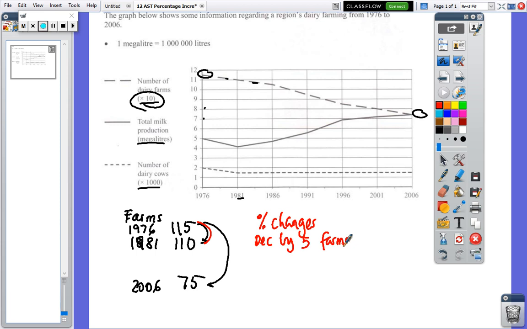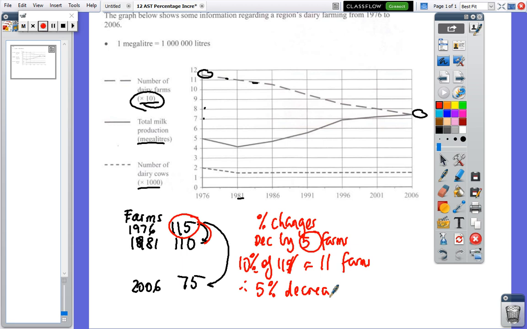That's one bit of information, but the original number was 115, so 10% of 115, just knock off the last number, is about 11 farms. So if it's decreasing by 5 and 10% is about 11, therefore it's about a 5% decrease.